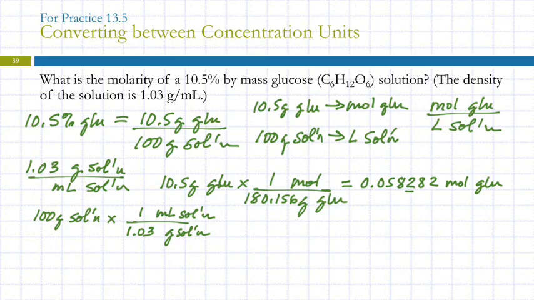And I'm trying to get to liters, so then I'm going to put milliliters and liters in here, and milli means 10 to the minus 3. So I've got 100 divided by 1.03 times 1 EE minus 3, 0.097087 liters.